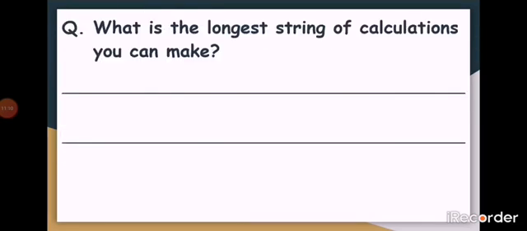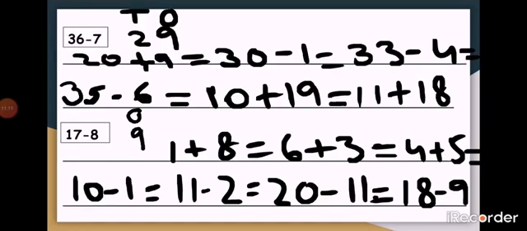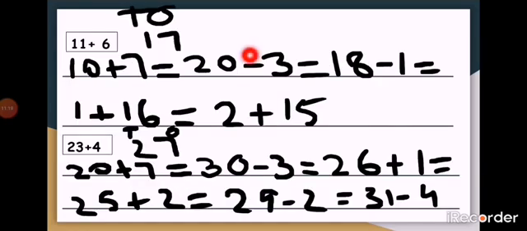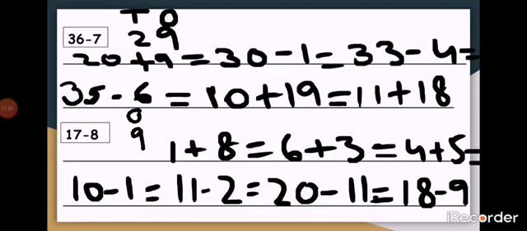Now the last question on this page. What is the longest string of calculations you can make? Now look at all your calculations. In the first card, we made 1, 2, 3, 4, 5 calculations and 1 is given. In this card, we have made 1, 2, 3, 4, 5, 6 calculations.